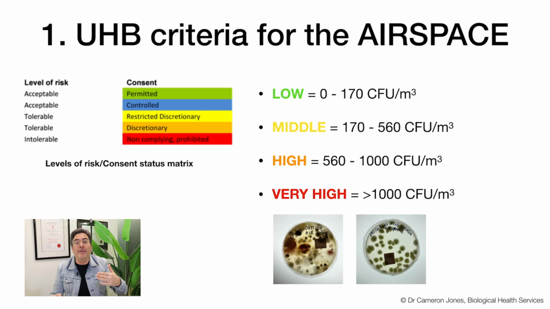And looking at the first UHB criteria that the French used for the air, they define low as having between 0 and 170 colony forming units per cubic metre. And a little bit later, I'll talk to you about how you move from the raw count of colonies on a petri plate to colony forming unit counts.